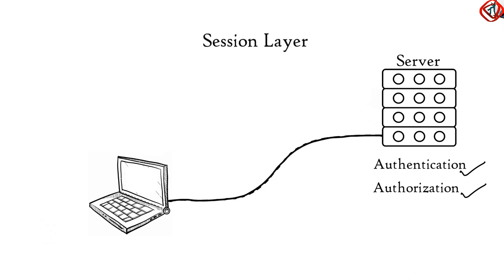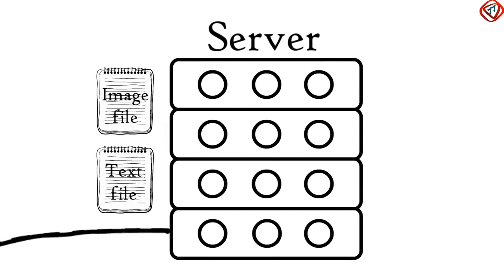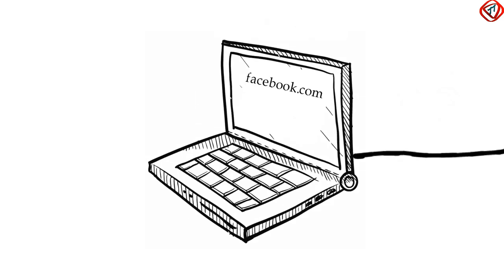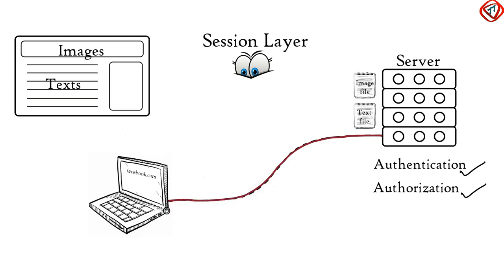The session layer keeps track of the files that are being downloaded. For example, a web page contains text, images, etc. These text and images are stored as separate files on the web server. When you request a website in your web browser, your web browser opens a separate session to the web server to download each of these text and image files separately. These files are received in the form of data packets.